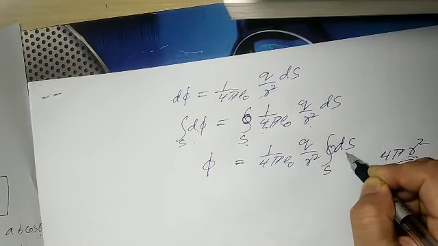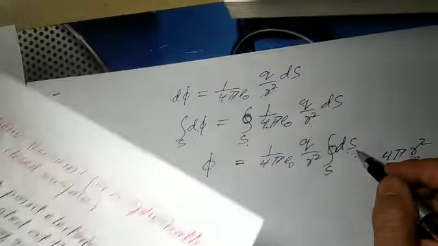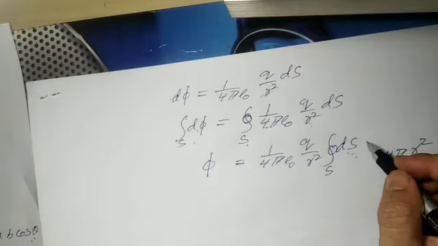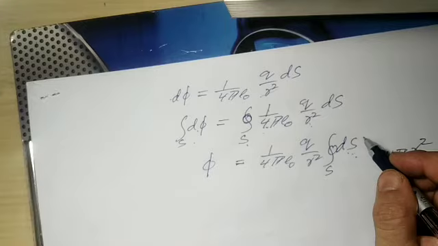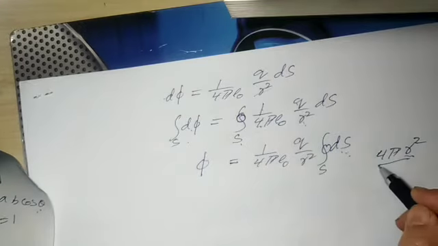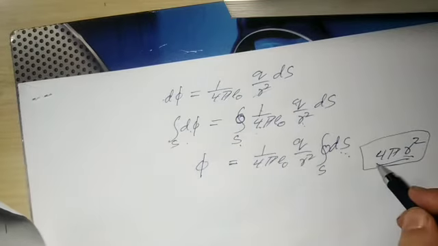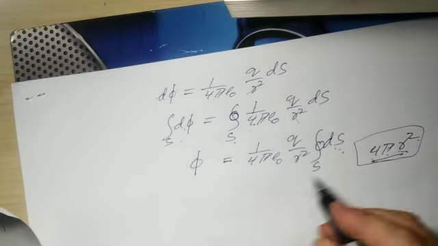So when you integrate this small surface over the total surface, you will get 4 pi r square.